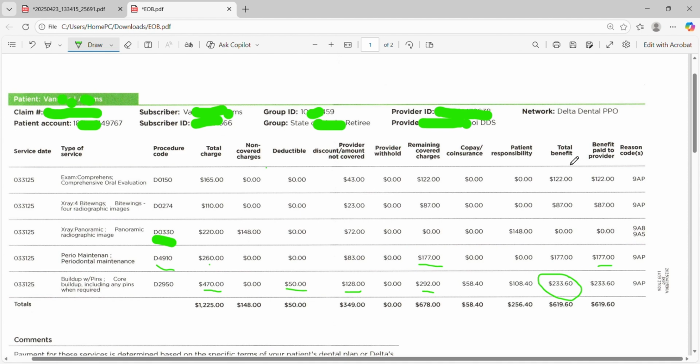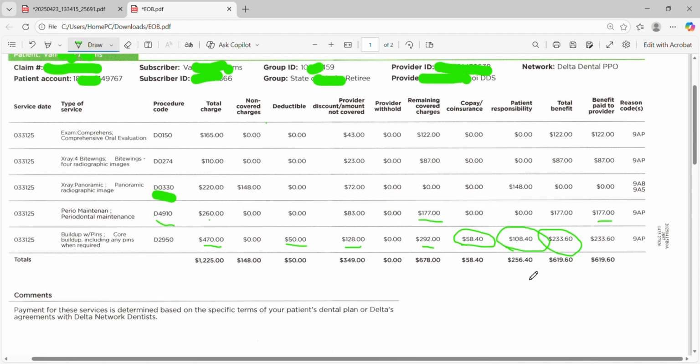The 20% of it is $58.40, and this is the copay or the patient responsibility. So $58.40 plus the $50 deductible is $108.40. This is now the total patient responsibility.